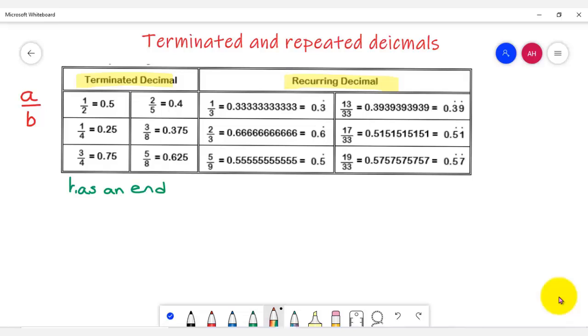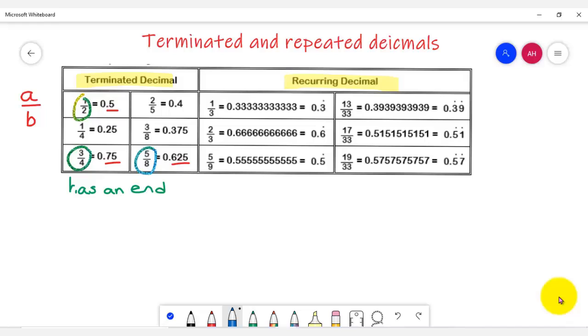So for example, if I look here at a half, 3 over 4, 5 over 8, let's count the decimal places. In a half, I have only one decimal place. In 3 over 4, I have 2 decimal places. In 5 over 8, I have 3 decimal places. So it was easy to count and know exactly how many decimal places there are in my decimal number.